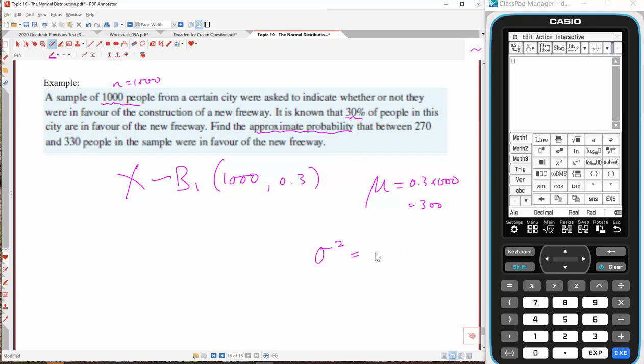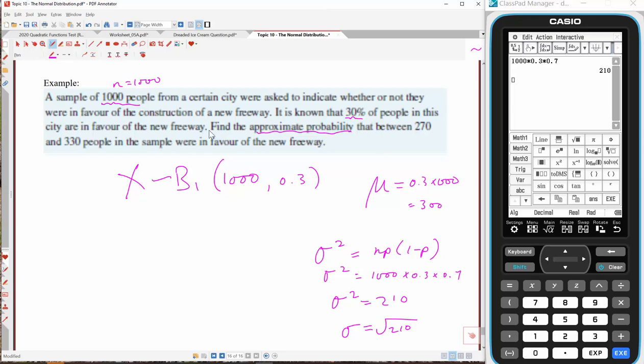So sigma squared equals np(1 − p) from the formula sheet, which is equal to 1,000 times 0.3 times 0.7, which is 210, which means that our standard deviation is the square root of 210.